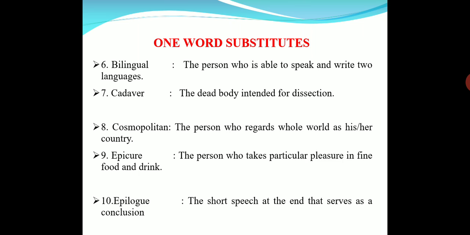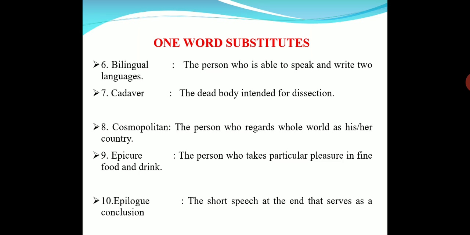And cadaver. Cadaver means the dead body intended for dissection. Do you know what is dissection? Generally biology students may know. You might have dissected in your intermediate a cockroach or a frog.